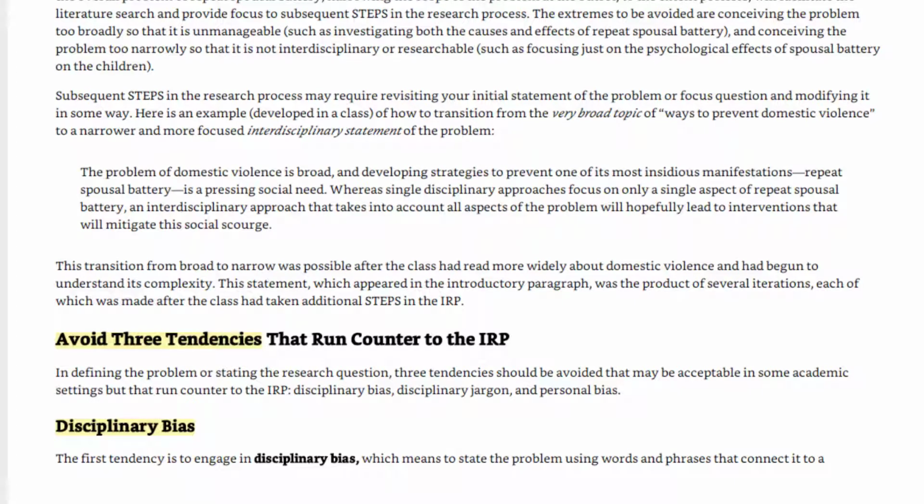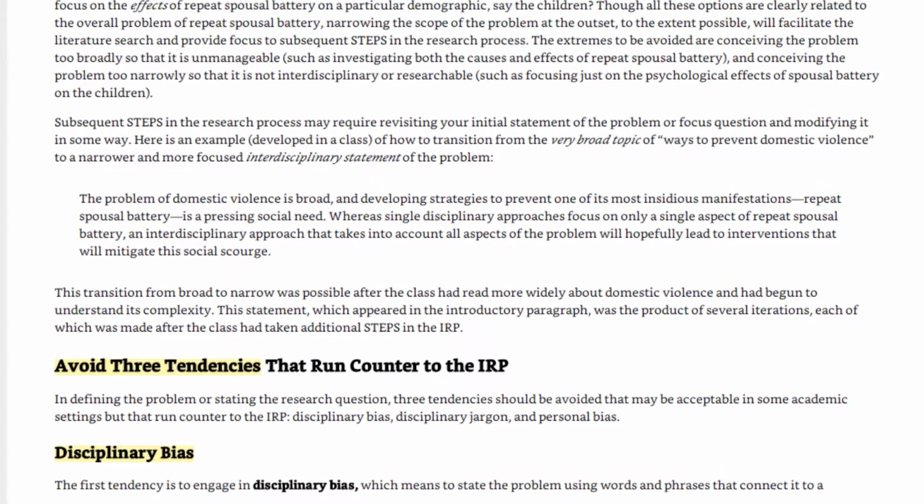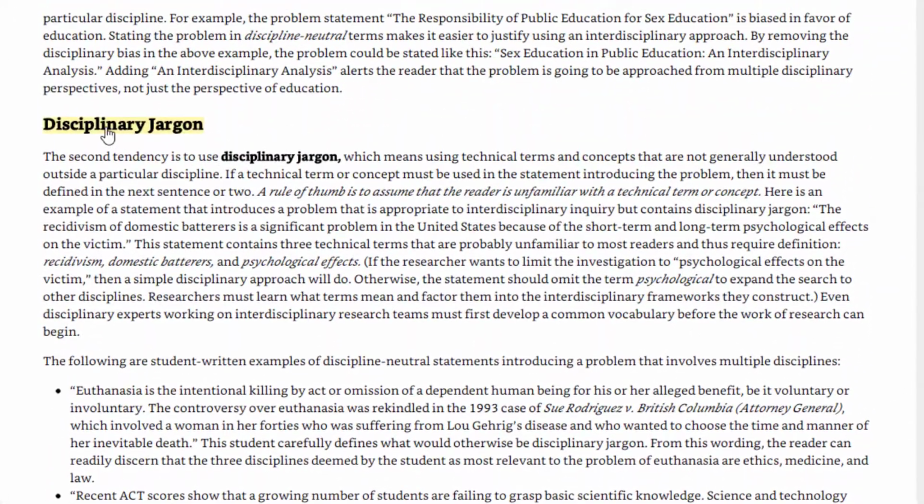The next step says you're going to avoid 3 tendencies. And I'm going to watch for these, and there's one that will happen in our class, I know. One of these is disciplinary bias, and that is when somebody uses the terminology and the structure and the methodology that clearly lets me know that they are favoring one discipline here. The next one is disciplinary jargon.